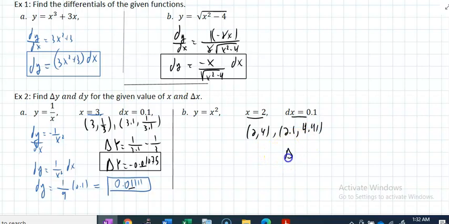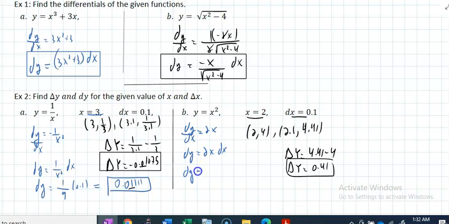So the exact change in y would be y2 minus y1. The exact change in y would be 0.41 versus the approximate. dy dx is 2x and dy is 2x dx. The approximate change in y is 2 times the original times the change. We call that error, by the way. And dy would be 4 times 0.1 is 0.4, and you notice those are very close.